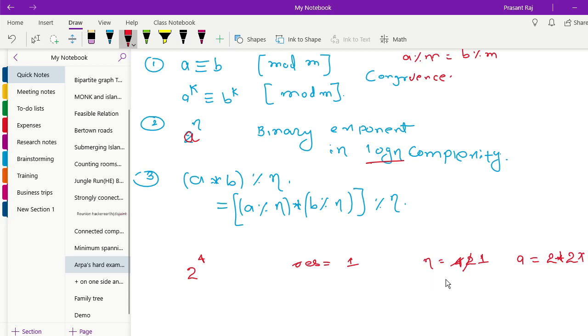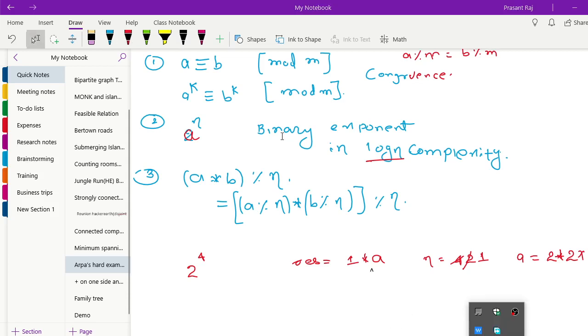Now n is odd, so result equals result into a, and here a is 8, that is 2 into 2 into 2.